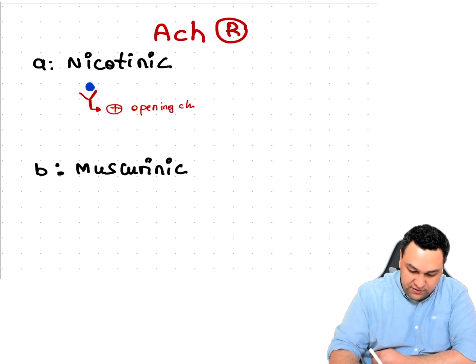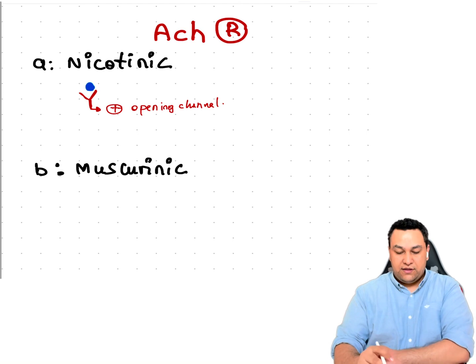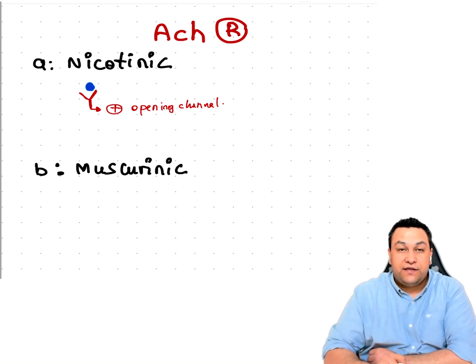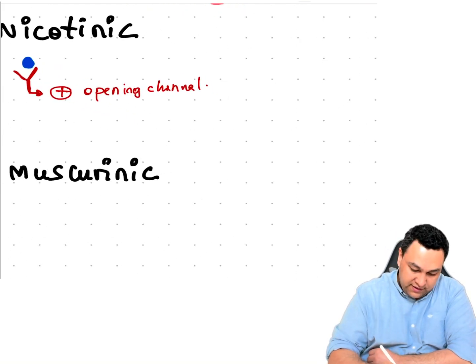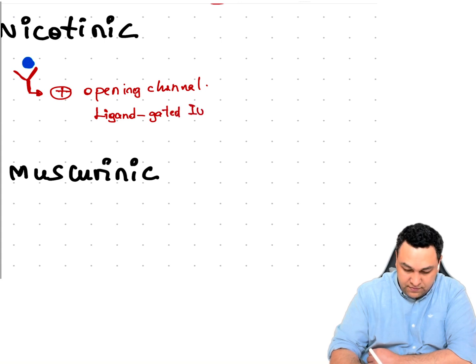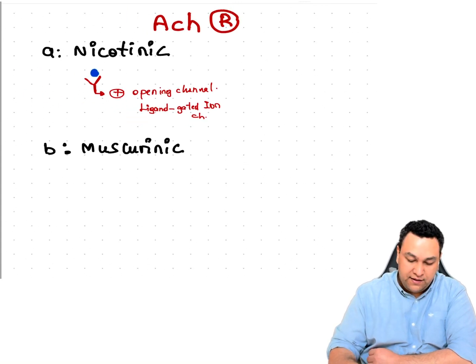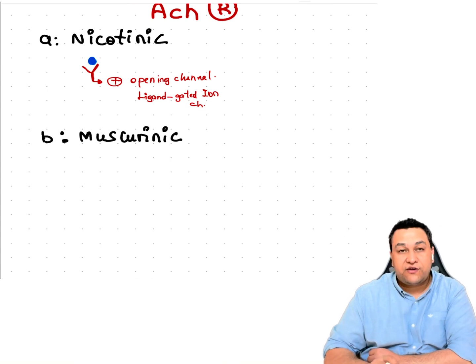All I can say is that nicotinic receptors are usually ligand-gated ion channels which they are activating. So here we have these ligand-gated ion channels.